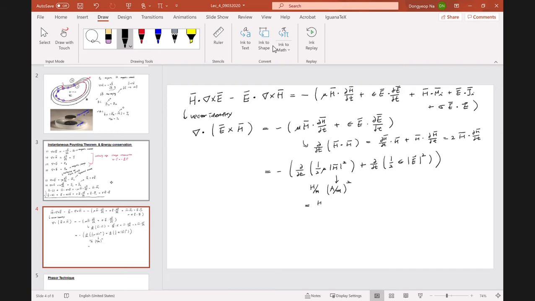So it's henry times ampere squared per meter cubed, and henry times ampere squared is joule, the unit of energy. So it's joule per meter cubed, which means it represents energy density. Because this energy comes from the magnetic field, we can assign a physical significance to this term as the magnetic energy density.